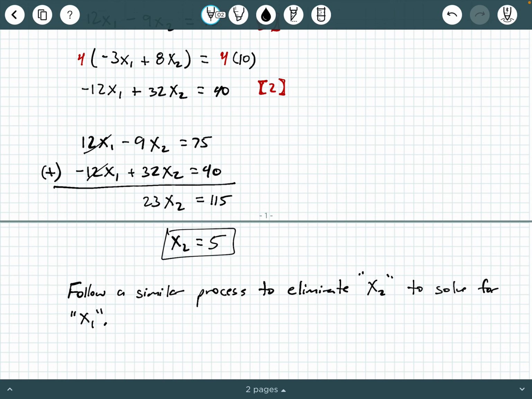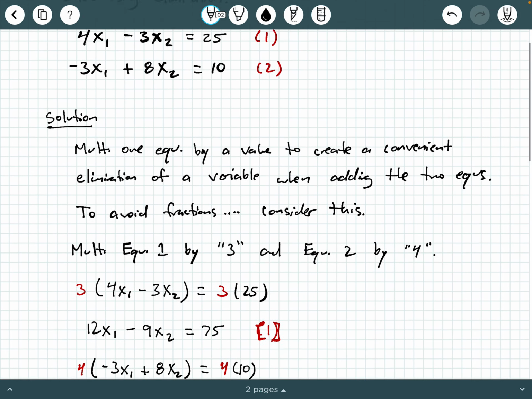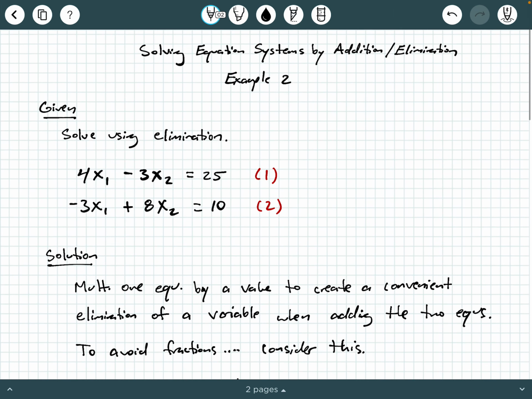All right, so looking back at the original equation, what are some values? And again, we can avoid fractions here by being slick with our values, but what are some values that we can use to multiply one or both of these equations by to cancel the x2 term and solve for x1 directly? Well, how about this?